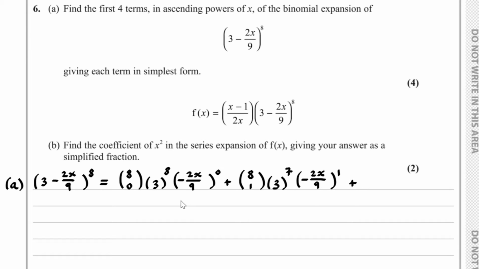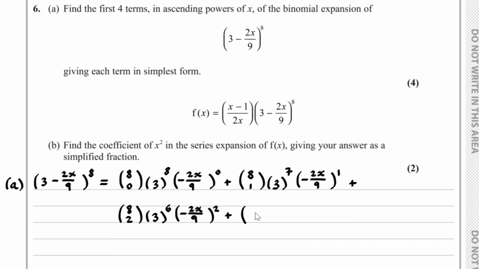Then for our next term, we have 8 choose 2 multiplied by 3 raised to the power of 6 multiplied by negative 2x over 9 to the power of 2.